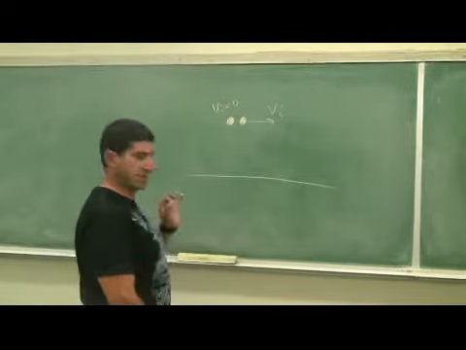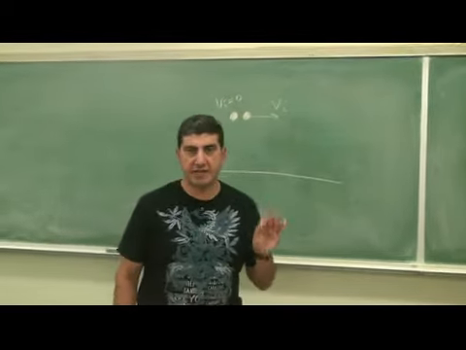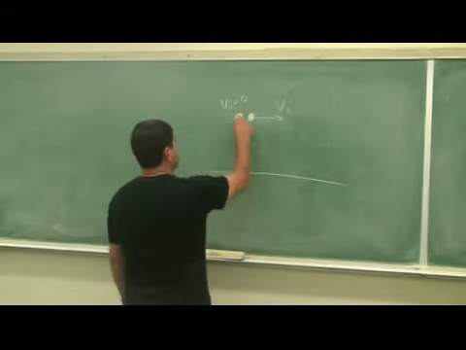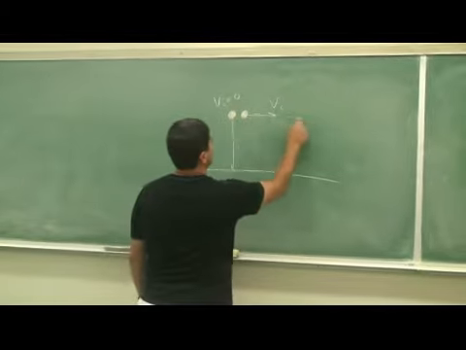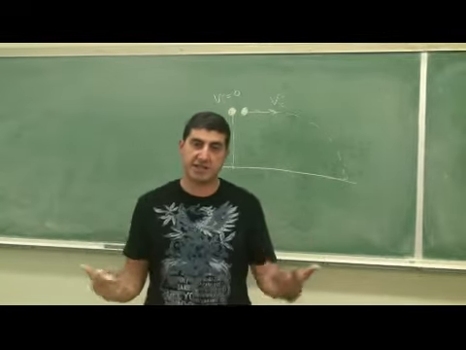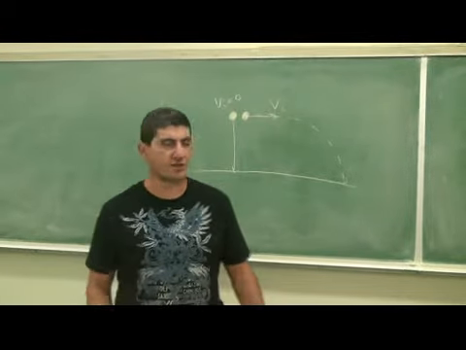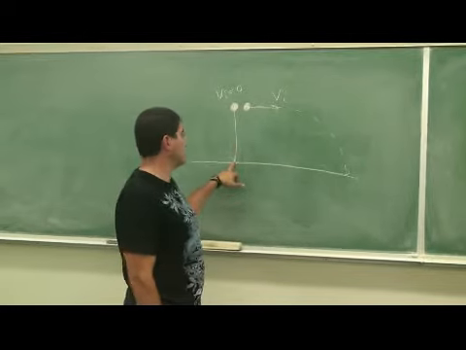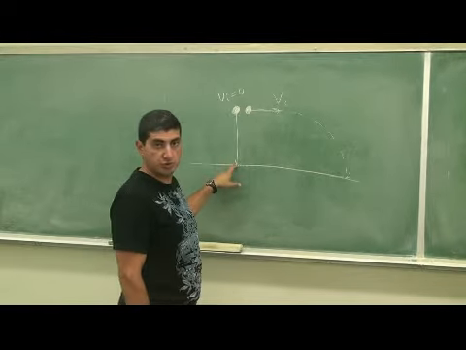Okay. This is a classic question asked of beginning physics students. You know what the classic answer is? Most students say this one hits the ground first. It has a shorter distance to go.